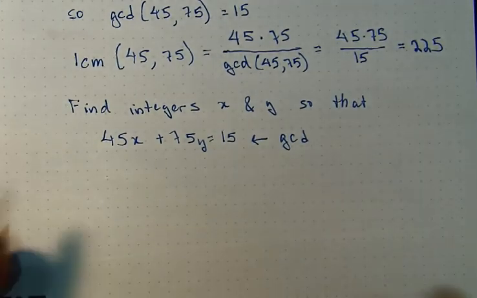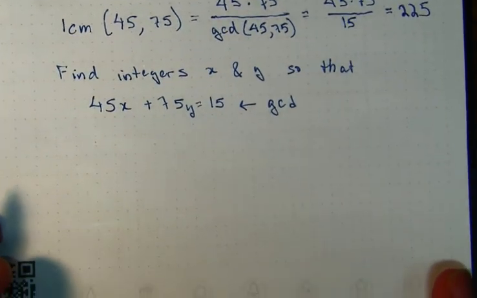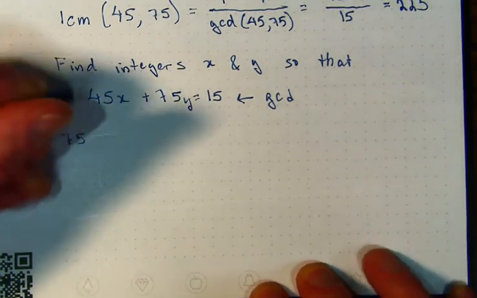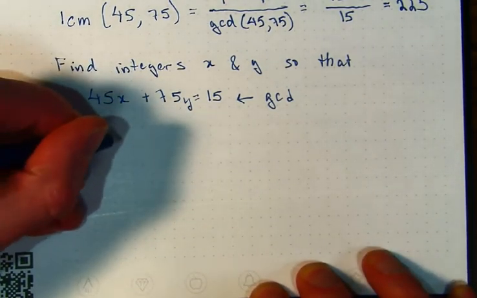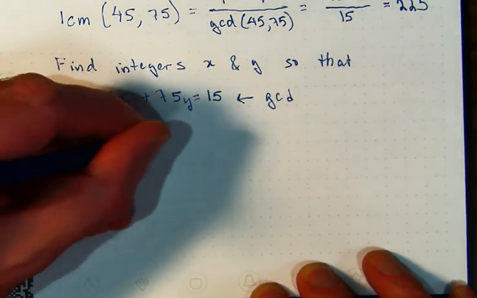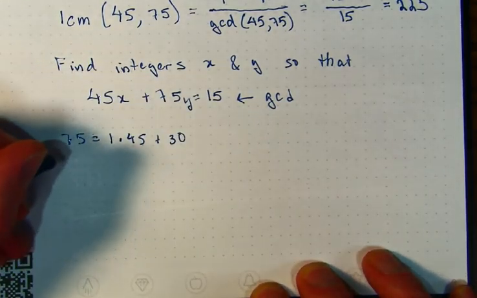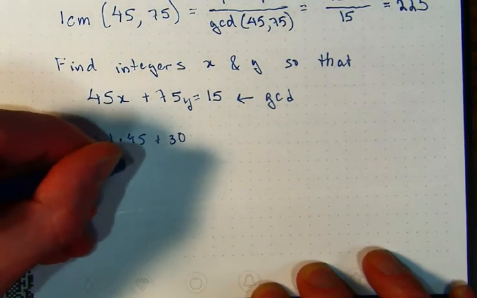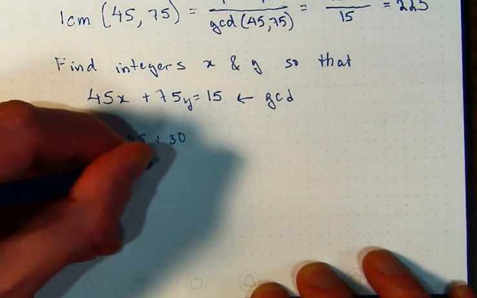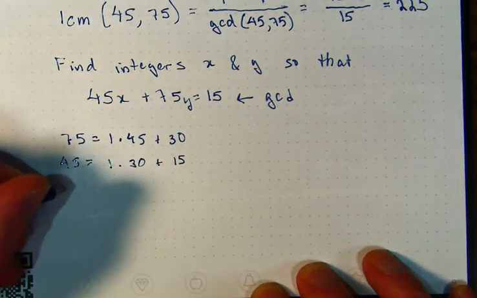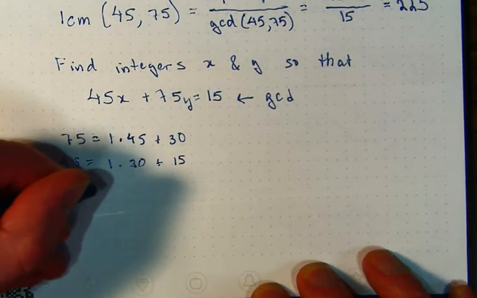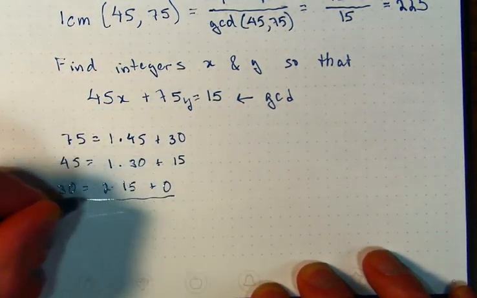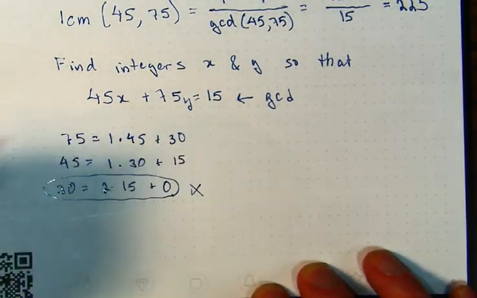Okay, now to find x and y, what I'm going to do is rewrite my steps from the Euclidean algorithm. Just going to copy those down again so I have them for reference. Okay, now I don't actually need this last row, so I'll just X that out.